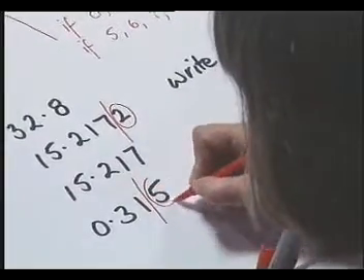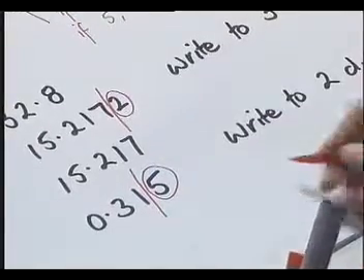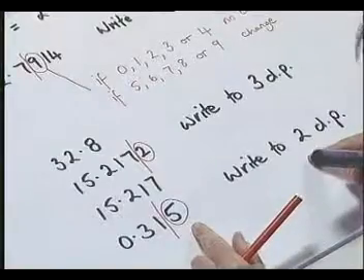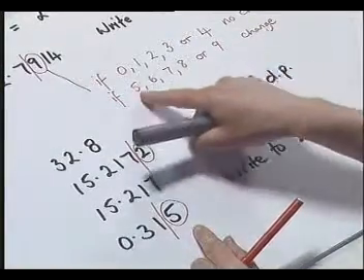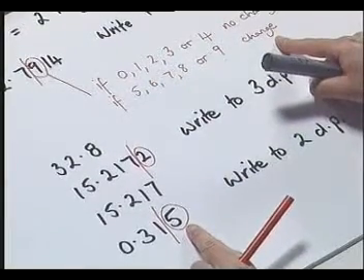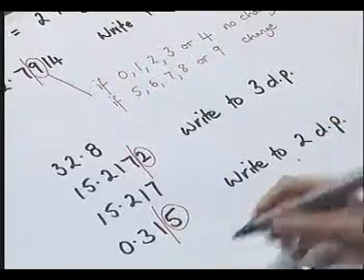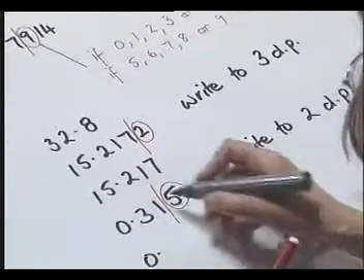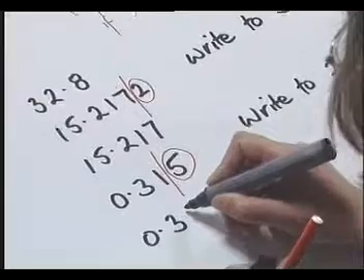And this is the digit I need to look at to see if it's going to affect the one that comes before the line. Well, it's a 5. And here we have a 5 that says it's to be changed.